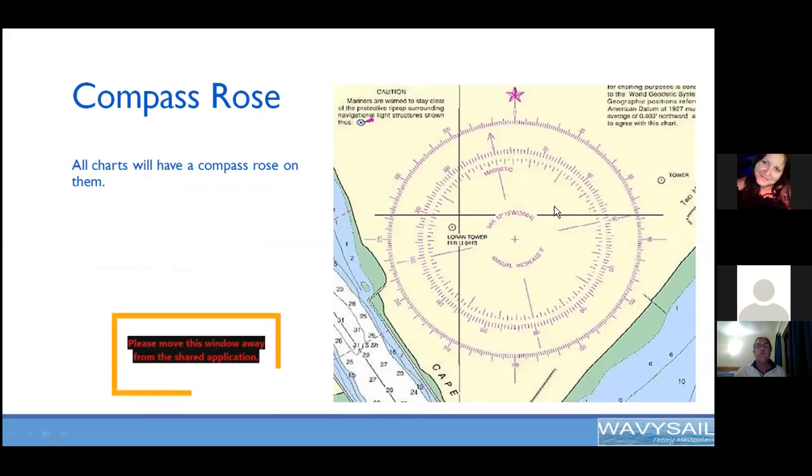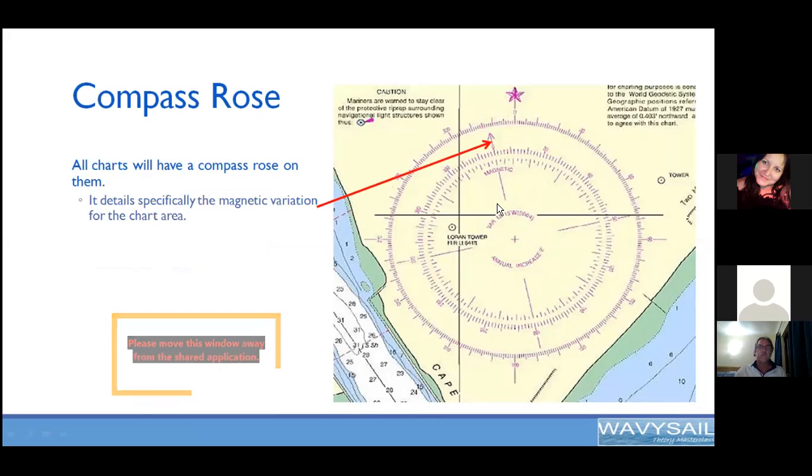However, all charts will have a compass rose like this. They'll have a compass rose of some description that'll look something like this. It'll detail what the magnetic variation is on that area of the chart.